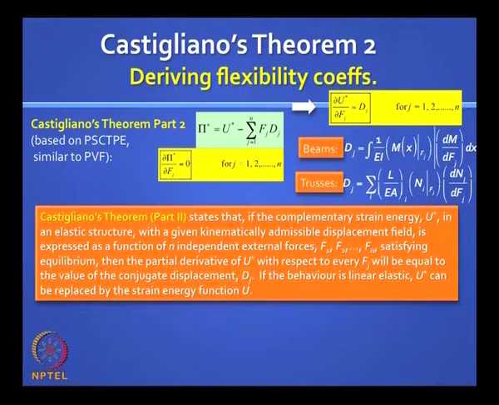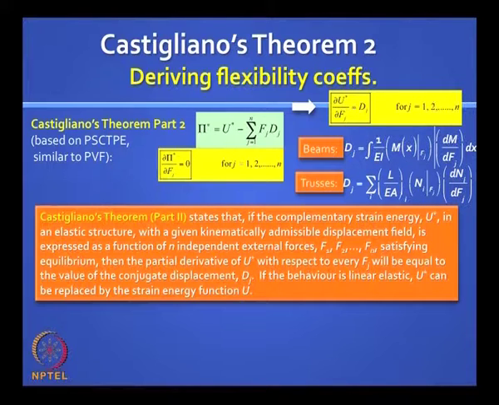So in summary, this theorem in its part 2 says if the complementary strain energy u star in an elastic structure with a given kinematically admissible displacement field is expressed as a function of n independent external forces F1 to Fn satisfying equilibrium, then the partial derivative of u star with respect to every Fj will be equal to the value of the conjugate displacement dj.